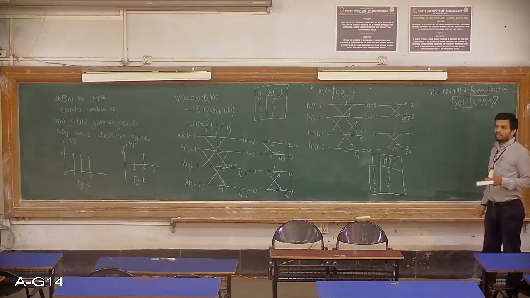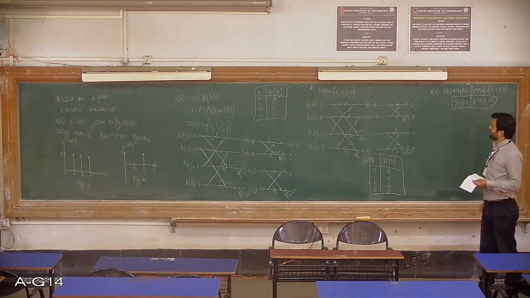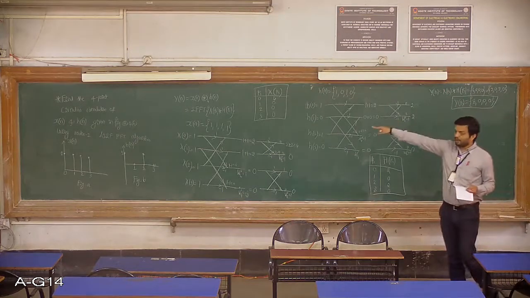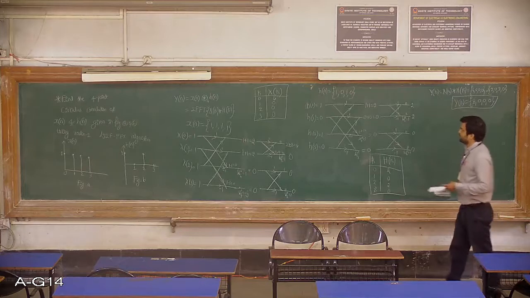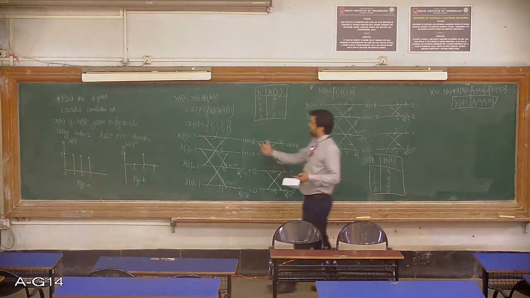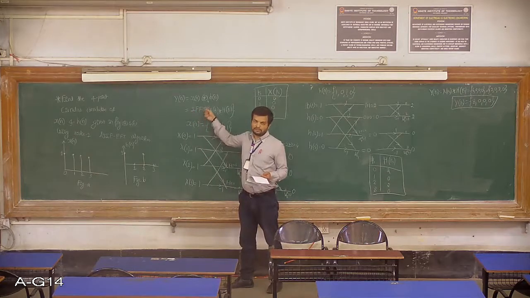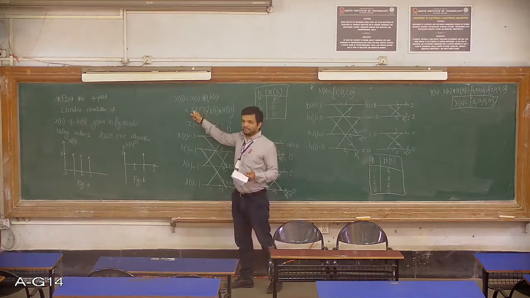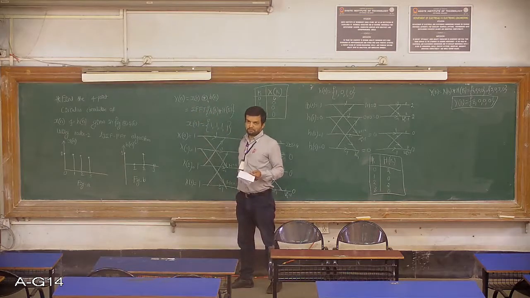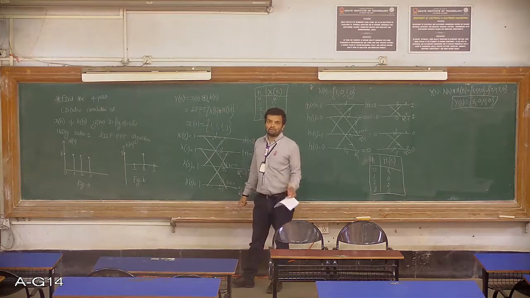For this y of k, we have to find the DFT. So we have to apply the inverse fast Fourier transformation. IFFT is nothing but inverse fast Fourier transformation. We have to find y of n.